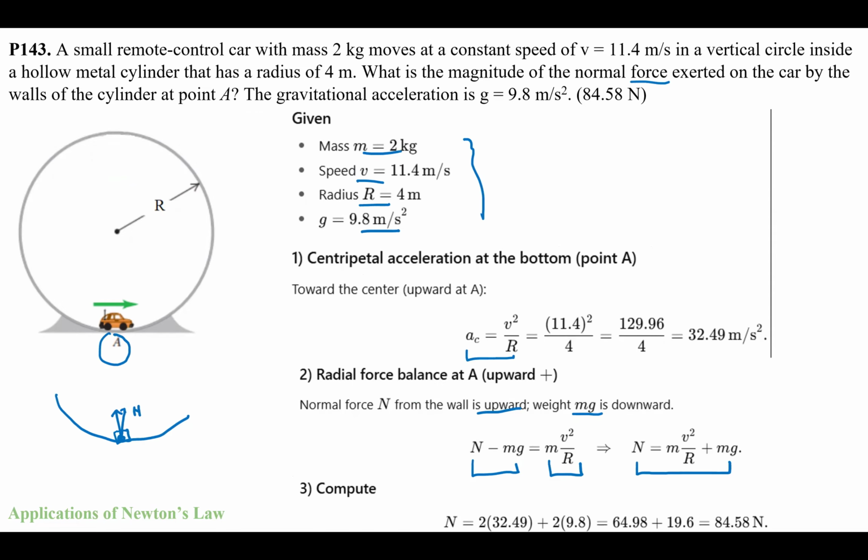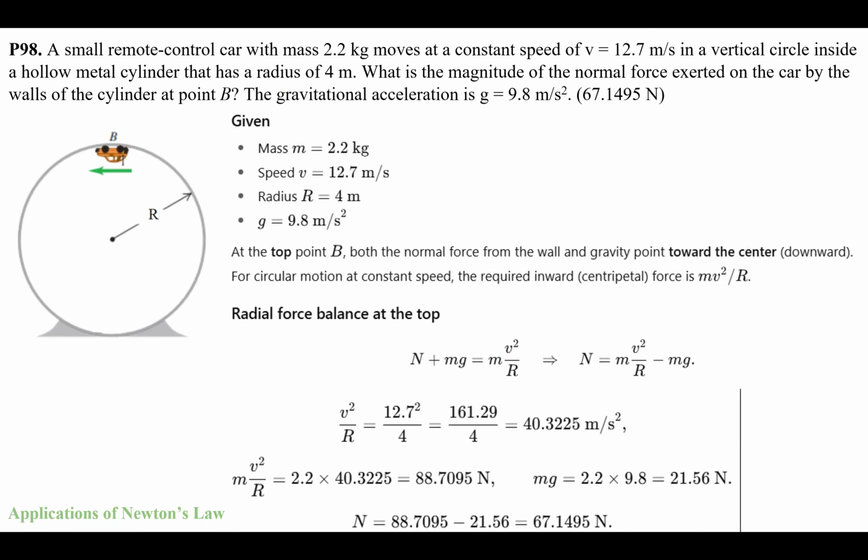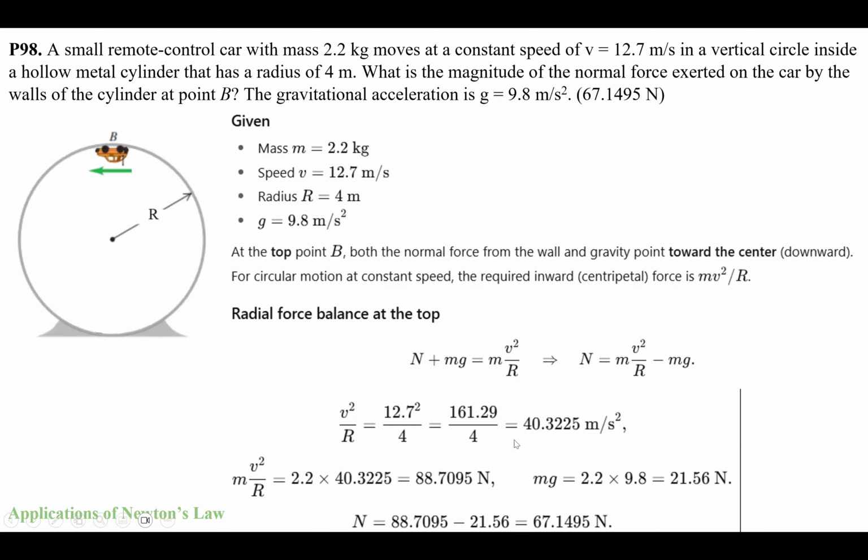And it's time to think about the other case. What is the normal force acting at A, and what is the normal force acting at B? The main difference here is the sign. So the normal force here is opposed to the gravitational force. Note that the normal force, if you have a certain body, acts from the surface to the body.